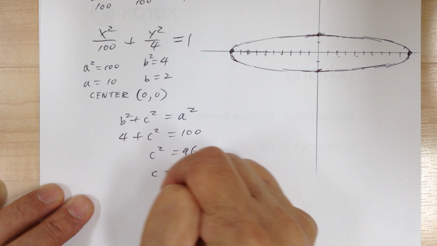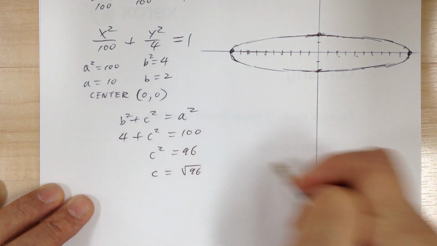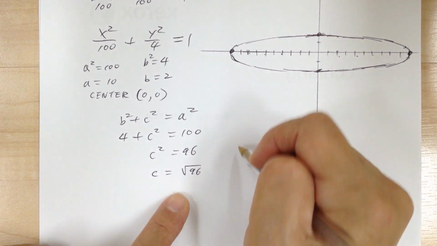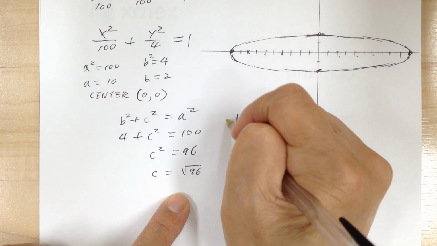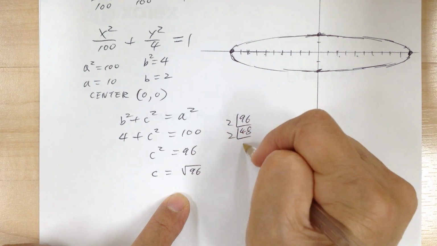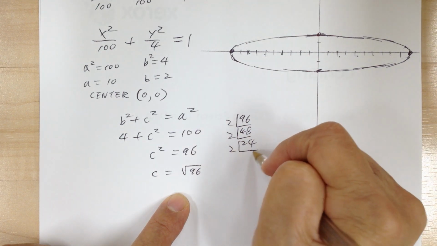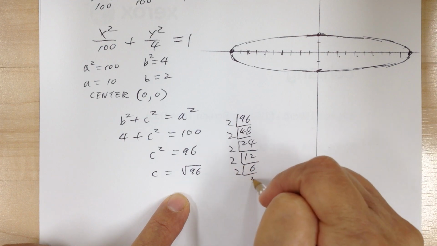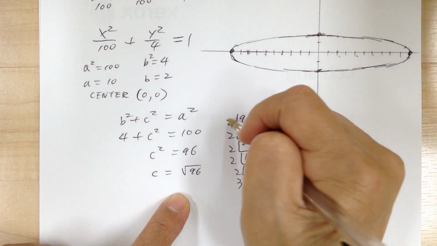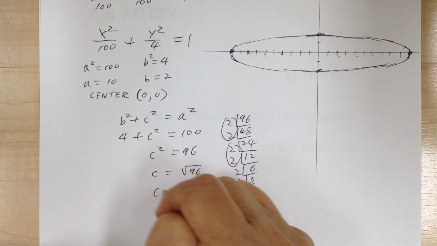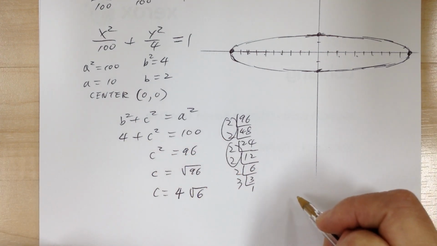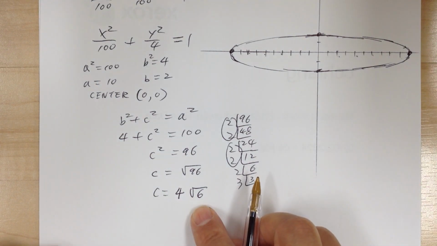Take the square root, so c equals square root of 96, and you go off to the side to break it down. 96, 48, 24, 12, 6, and 3. So this comes out c equals 4 square root of 6. That's the distance.